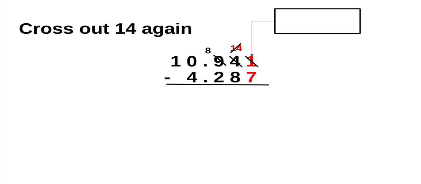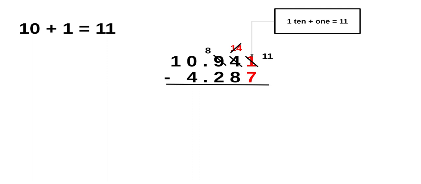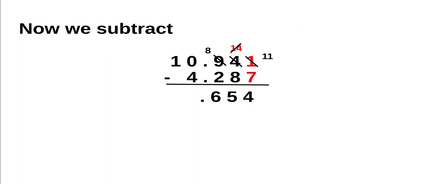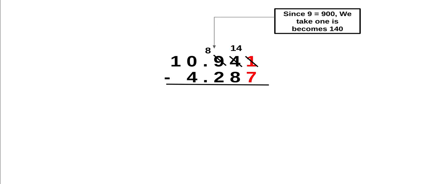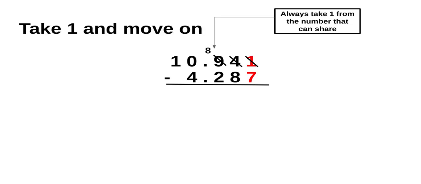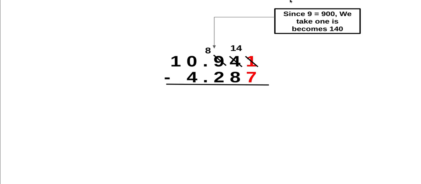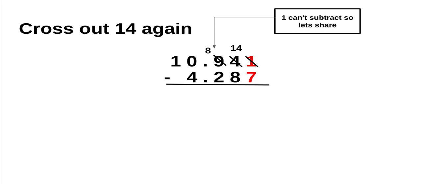Then you cross off 14 again, because remember, 1 needs to borrow. 1 always needs to borrow. How are we going to borrow if there's no 1? The 1 becomes 11, because you always add a 10. Here we always take a number, and then we gave ourselves a 10.